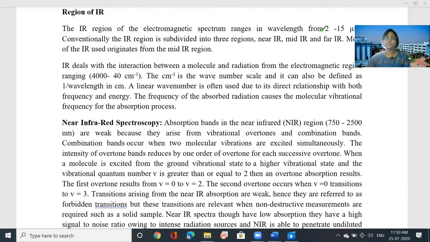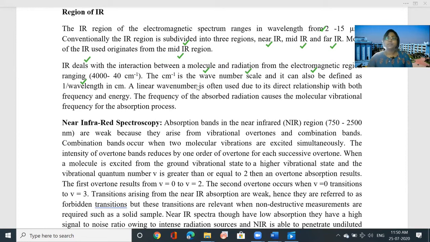Conventionally, the IR region is subdivided into 3 regions: near IR, mid IR, and far IR. Most of the IR used originates from the mid IR region. IR deals with the interaction between a molecule and radiation from the electromagnetic region ranging from 4000 to 40 cm^-1.